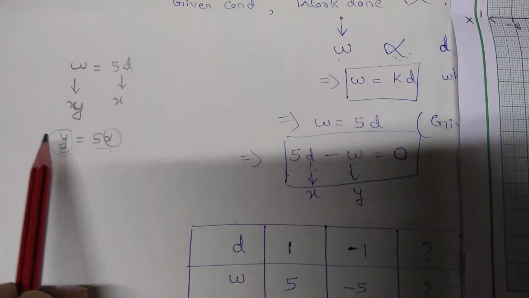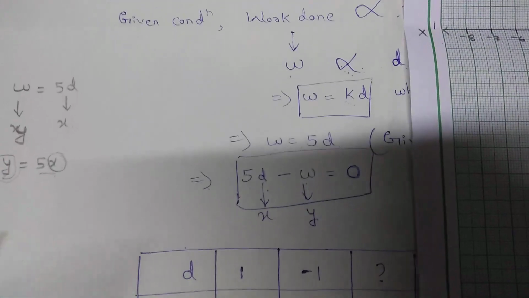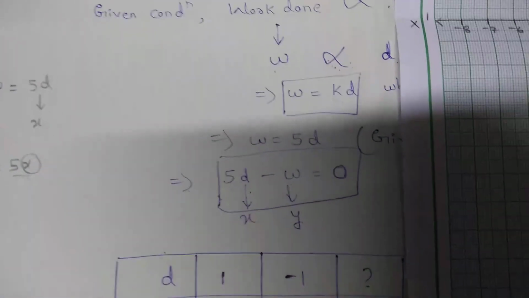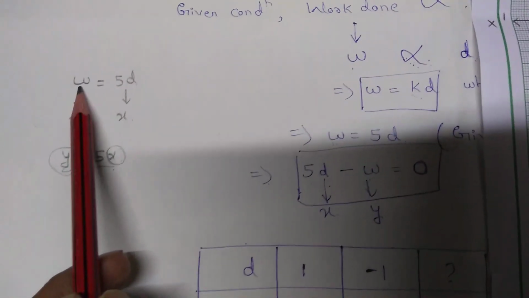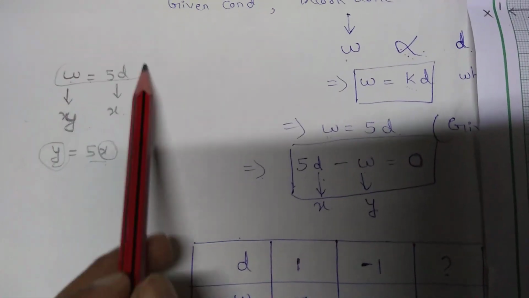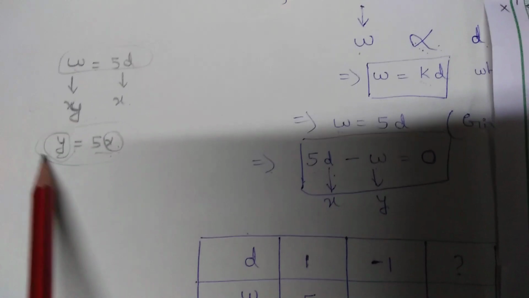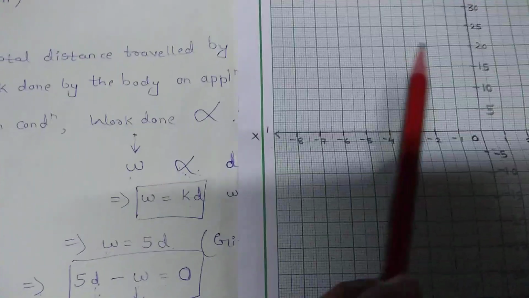So this is a new concept. You can also use x-axis 1 unit equals 1 centimeter and y-axis 1 unit equals 1 centimeter. But when the problem is given like this, when we get an equation that is W is equals to 5D, that is y is equals to 5x, you will consider this equation for plotting your scale on the x as well as y axis.